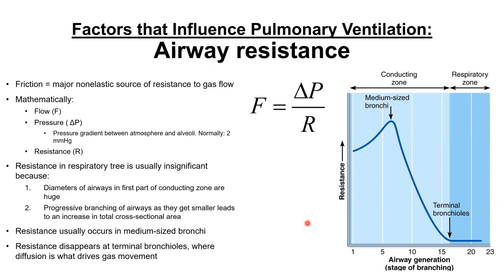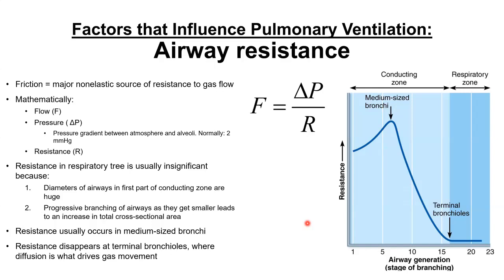Mathematically speaking, flow, or airflow in this case, is equal to the difference in pressure over the resistance that is present. And again, remember friction is the major source of resistance to gas flow in the respiratory tract.